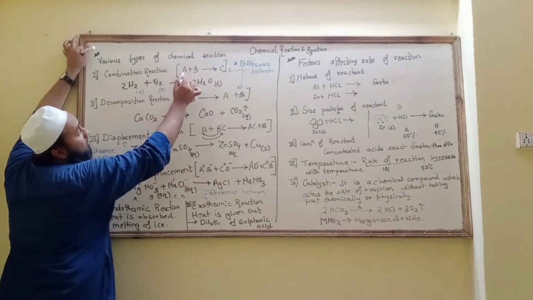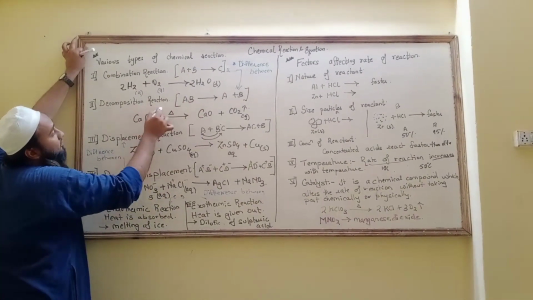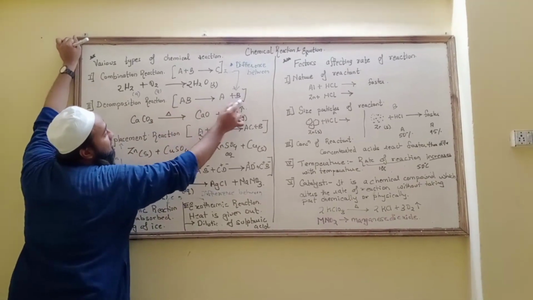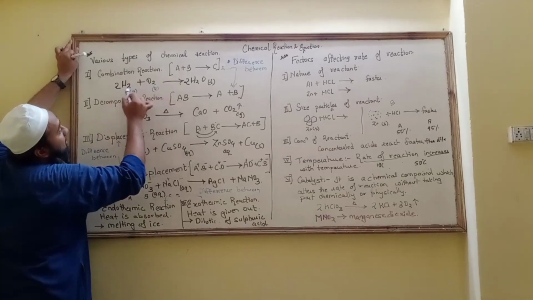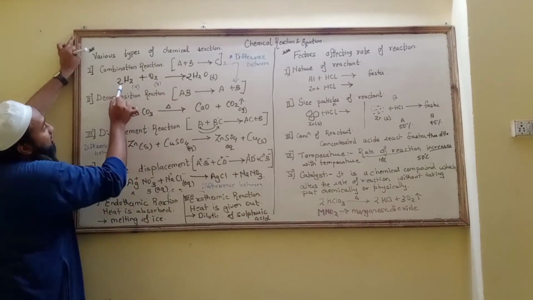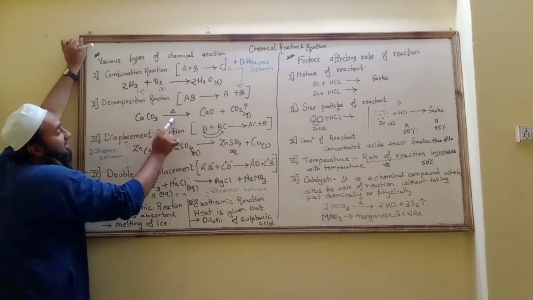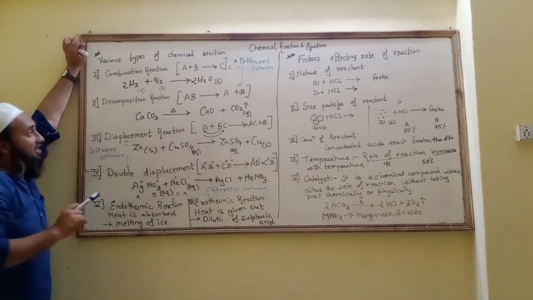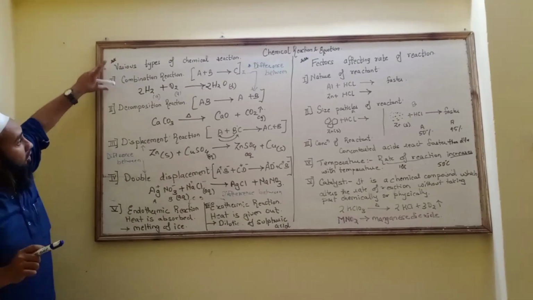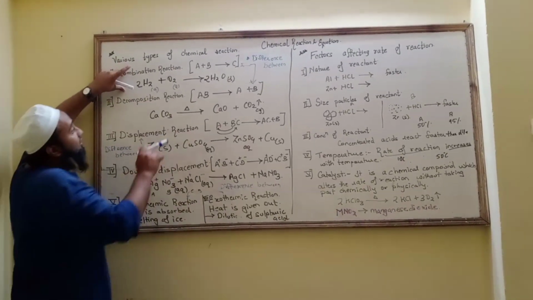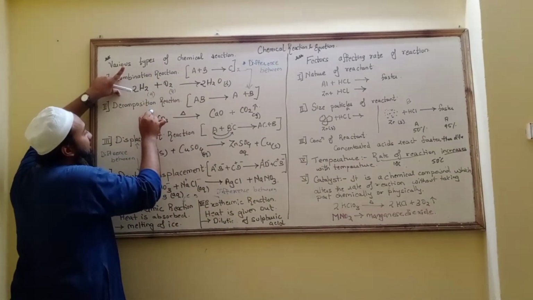Then for the second point, you write the denotation: A plus B gives C, and in decomposition reaction you write AB gives A plus B. For the third point, you write the example of the chemical reaction: H2 plus O2 gives 2H2O, and calcium carbonate on heating gives calcium oxide plus carbon dioxide. 3 points are covered. So in this way, you have got the 3 points to differentiate between combination reaction and decomposition reaction.